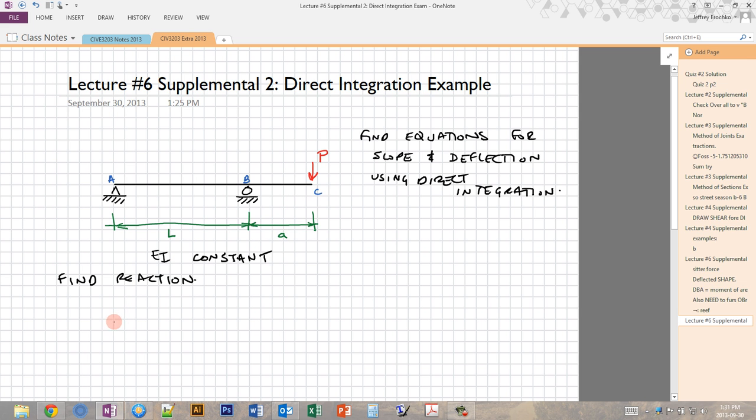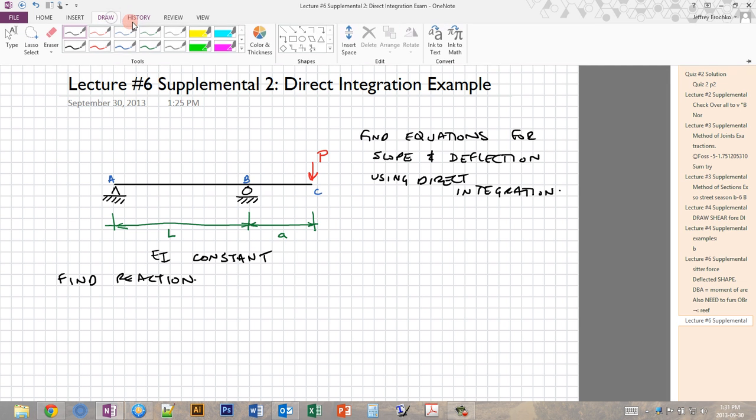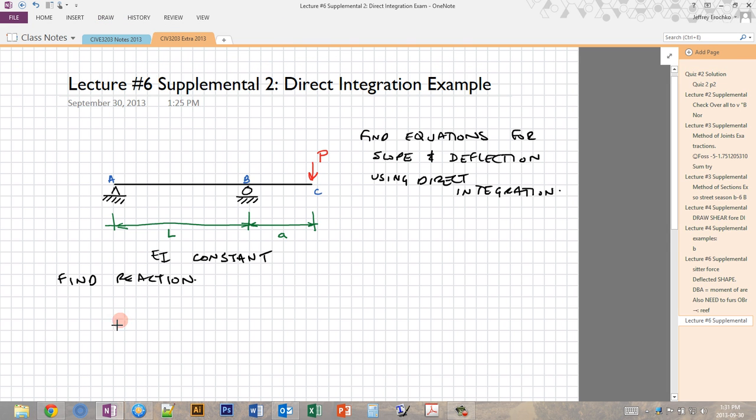So if we just draw our situation here again as a free body diagram, then we have the unknowns at the pin, AY and AX. We have BY, which is the vertical reaction at the roller, our applied load P, and then two lengths. This one is A, and this one is L.